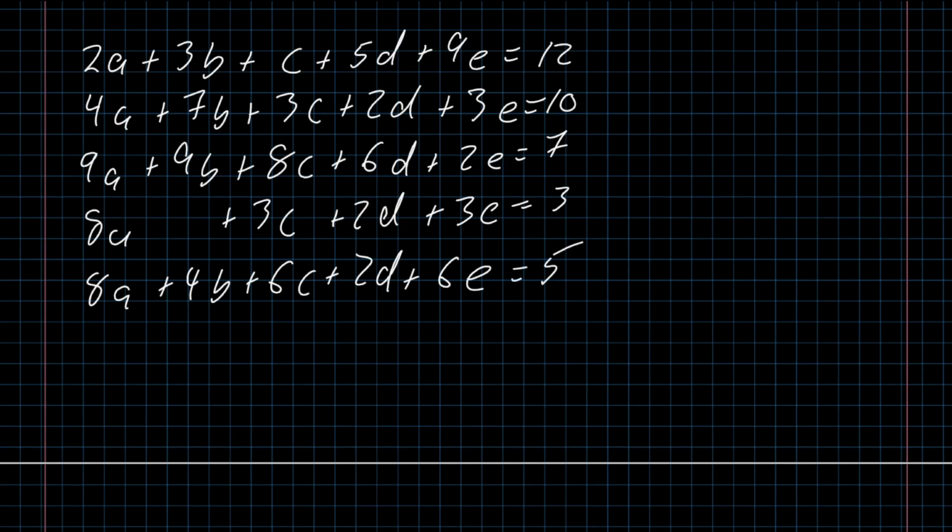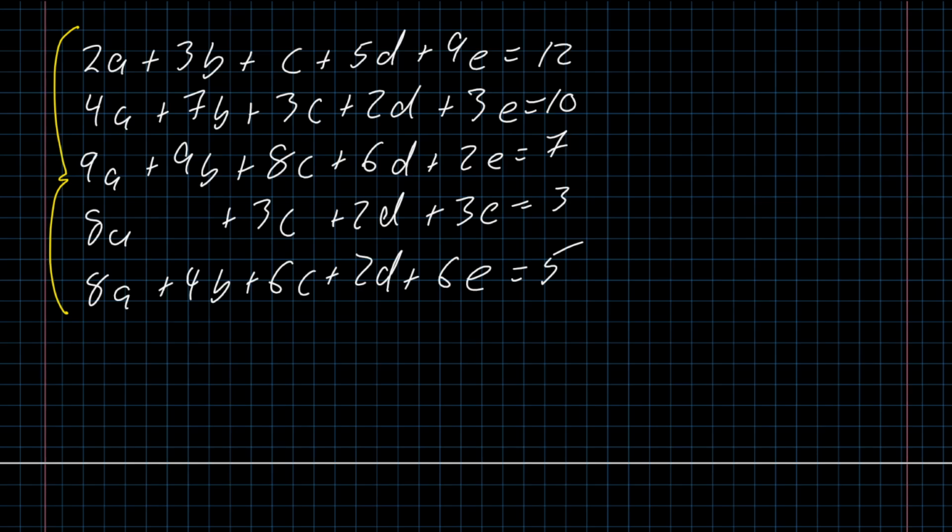Here is a system of 5 equations with 5 unknowns. This is definitely at the point where I do not want to try to solve this by hand. But we're looking at 2a plus 3b plus c plus 5d plus 9e equals 12, 4a plus 7b plus 3c plus 2d plus 3e equals 10, 9a plus 9b plus 8c plus 6d plus 2e equals 7, 8a plus 3c plus 2d plus 3e equals 3. Notice there's no b in that equation. And 8a plus 4b plus 6c plus 2d plus 6e equals 5.